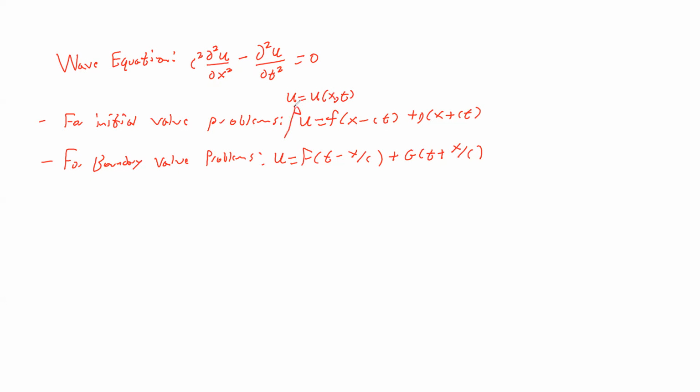So for initial value problems, you're given a condition at time t equals 0. So this then becomes, at t equals 0, simply u of x and 0 is equal to f of x plus g of x. And that's pretty easy to work with.